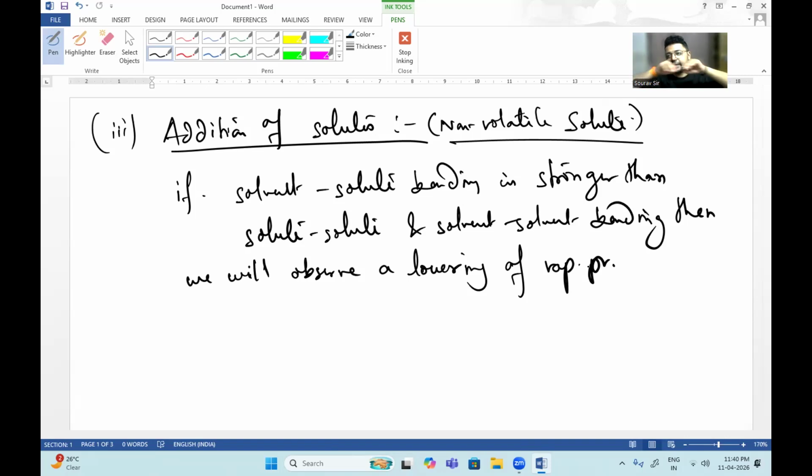That means the solute layer will hold the surface solvent molecules strongly, and that will release fewer solvent molecules to the atmosphere just above it. So fewer molecules will exert less pressure. That is why you will observe a lowering of vapor pressure.